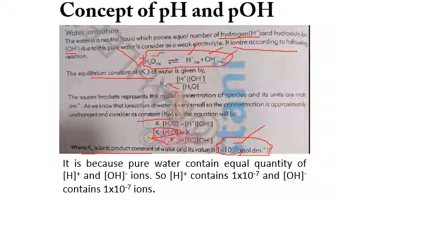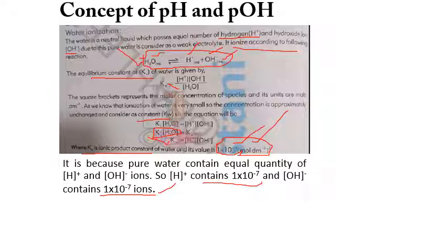What is this? This is the value for water in which hydrogen and OH ion concentrations are present. If we separate these concentrations, in water the H plus ion is 1 into 10 power minus 7 and the OH ion also contains 1 into 10 power minus 7. So when we multiply these concentrations, the answer will be 1 into 10 power minus 14 mole per decimeter cube.